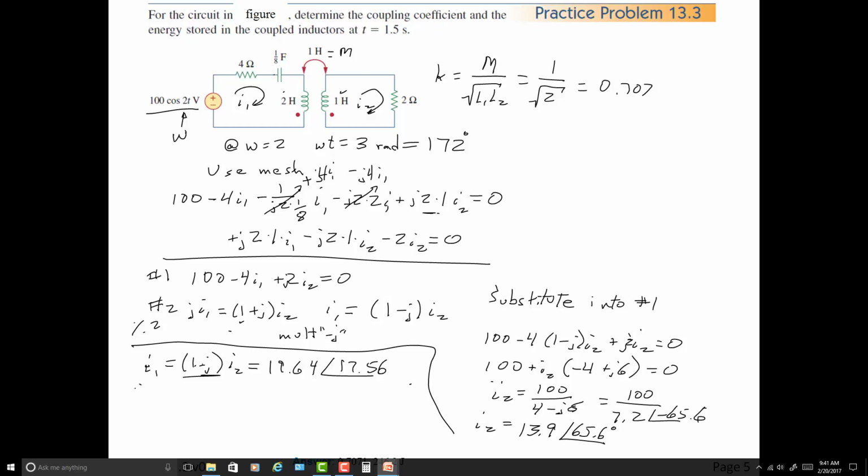Now, all we have to do is find the currents at 1.5 seconds, which are the 3 radians. Remember, that's my 172 degrees, all right? And these come out to, I will just give you these rather than punch onto a new page. You're going to be plugging into something like this.